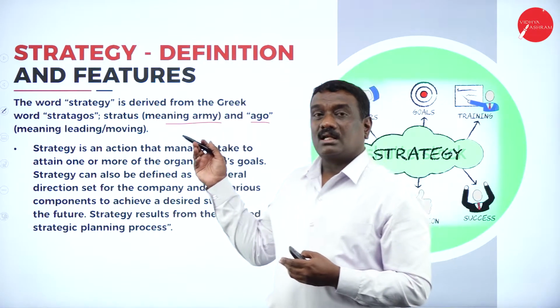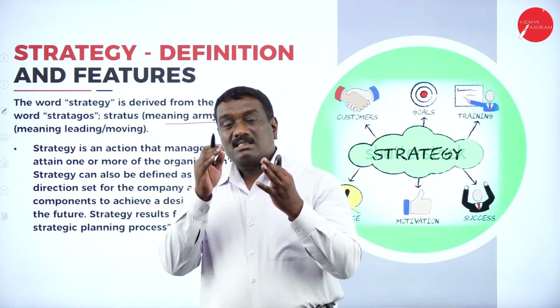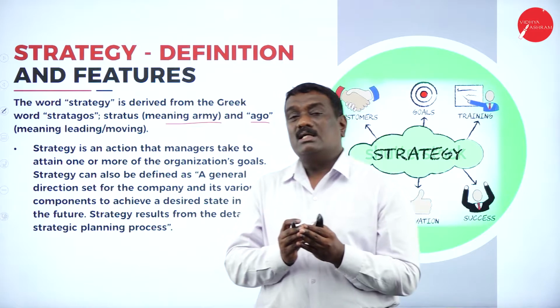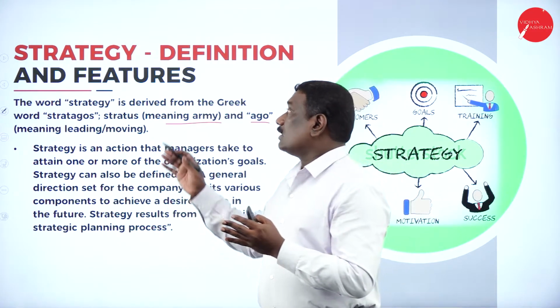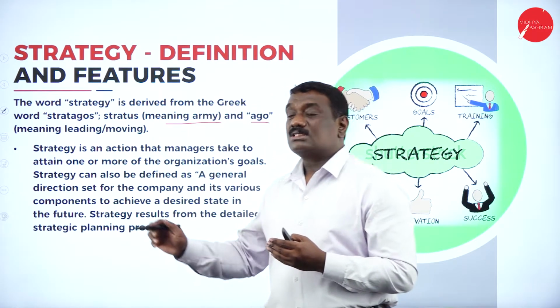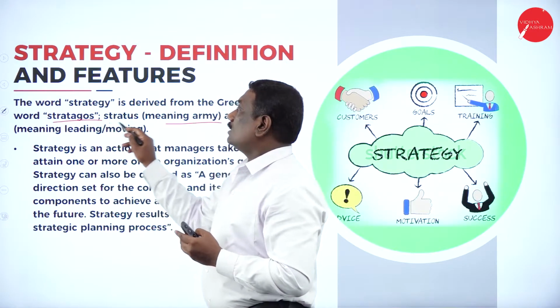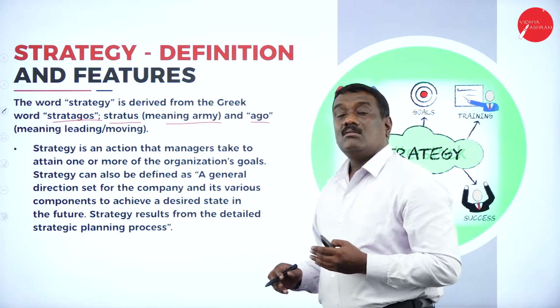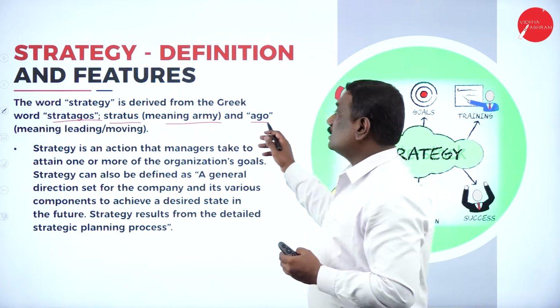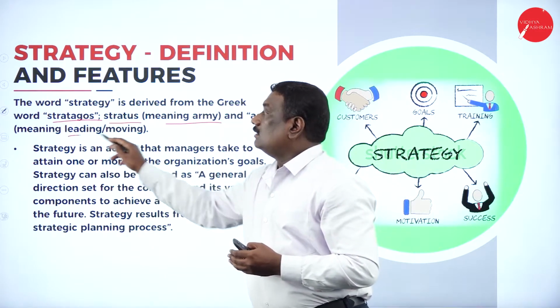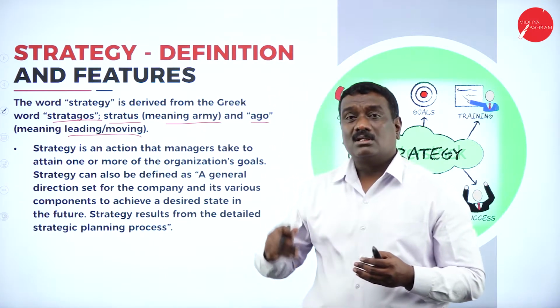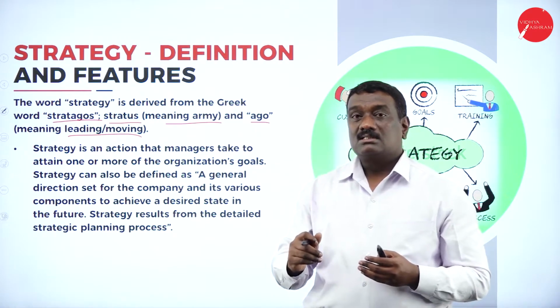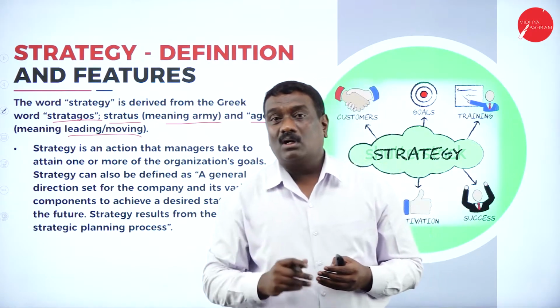So this particular word strategy has been derived from the Greek word strategos or stratus. Strategos or stratus means the army, or the leading or the moving. That means to lead. Strategy means to lead forward.